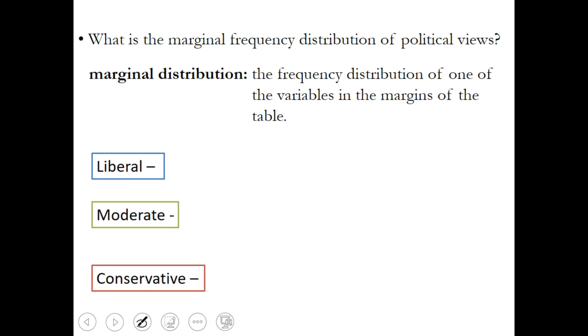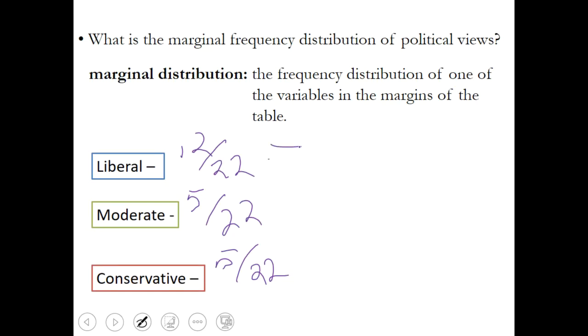For example, we interviewed 22 people, and 12 of them self-identified as liberals. So it'll be 12 out of 22. Our moderate views were 5 out of 22, and conservative were 5 out of 22.